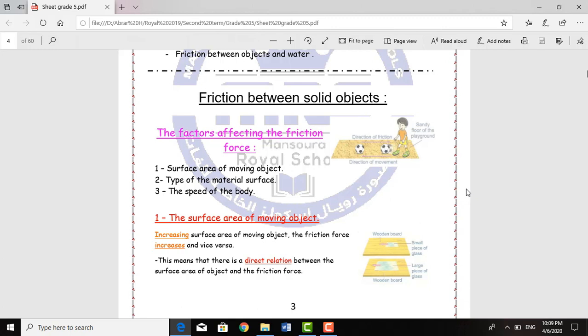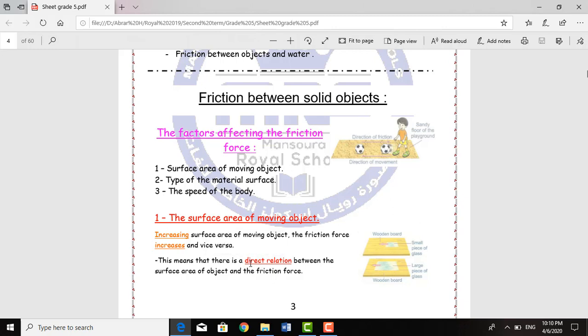It means that if the two surfaces that touch each other are large, the friction force will increase. And if the two surfaces that touch each other are small, the friction force will decrease. This relation is called direct relation. Direct relation means that when one thing increases, the other thing increases also, and by decreasing one thing, the other thing is decreased.